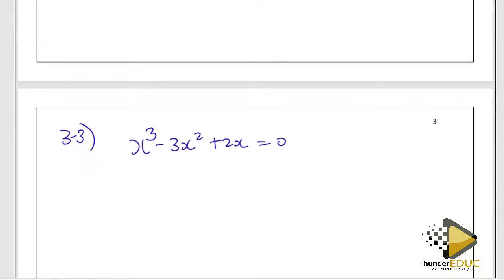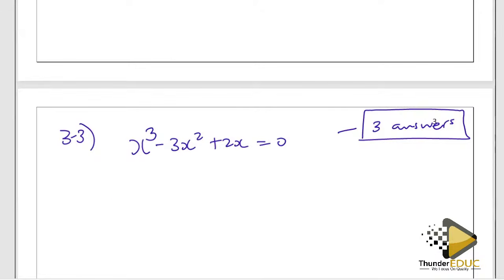It's actually a trinomial. With a trinomial, the highest degree is a 3, which means we expect 3 answers. Remember, the degree helps us with determining how many answers we need. So step number 1, what's common here? It's going to be x. Please avoid dividing through by x. That will be killing a solution.